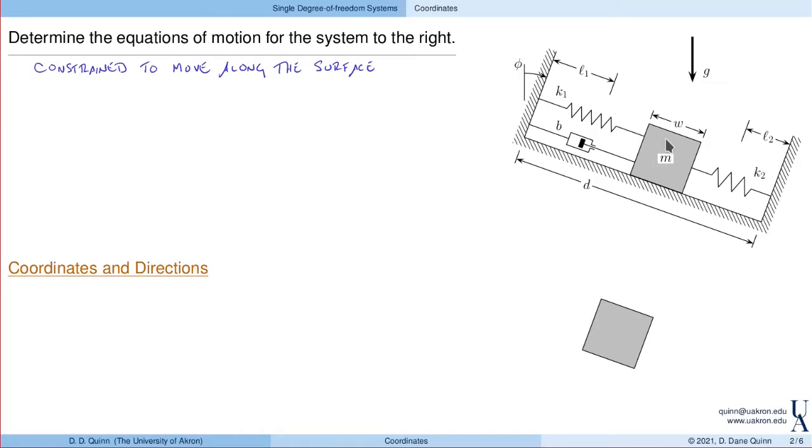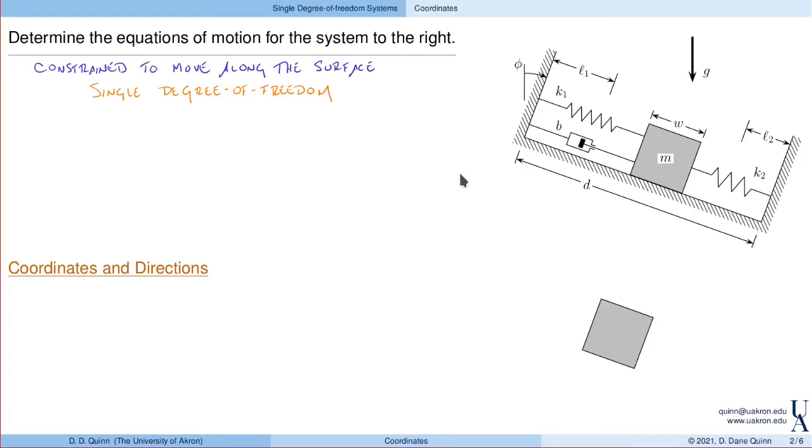We have lots of different choices, and we'll talk about a number of those in this lecture. But the important thing here is that this is a single degree of freedom system. So ultimately, we only need one coordinate to describe what's going on.